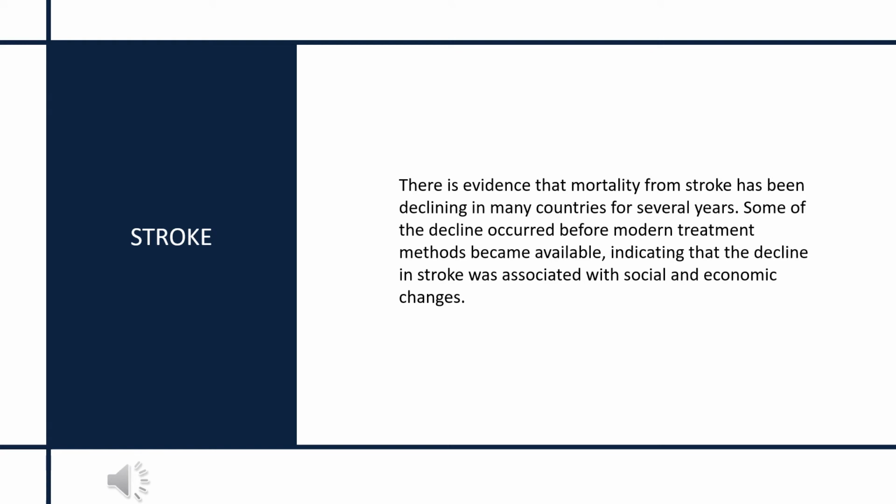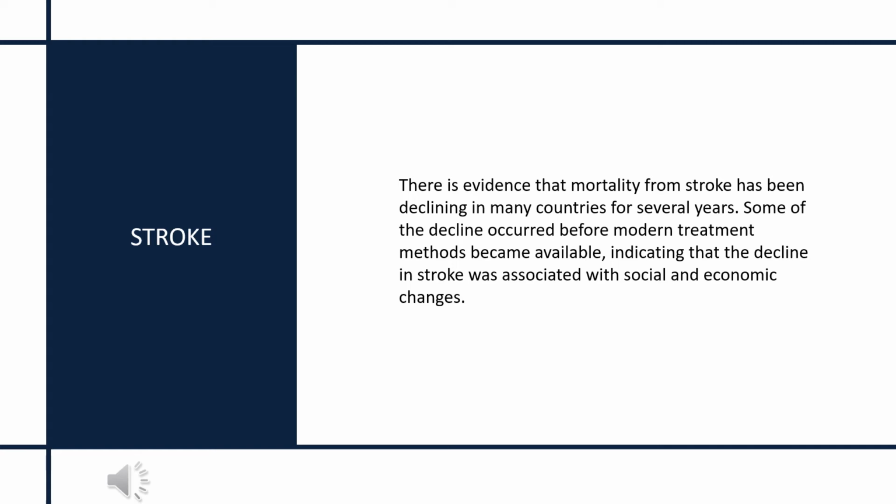One interesting bit of information is that the mortality from stroke has been on the decline in many countries for the past several years. This decline, in fact, occurred before modern treatment methods became available. Before the treatment methods that we see today were even available, the mortality due to stroke was on the decline.